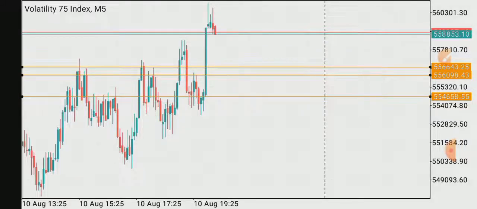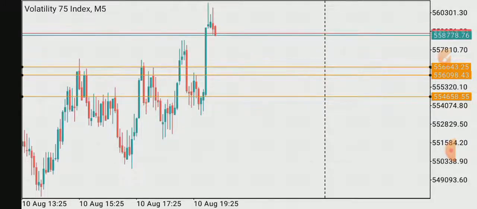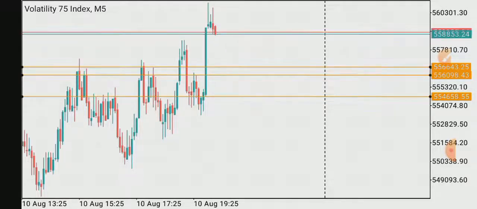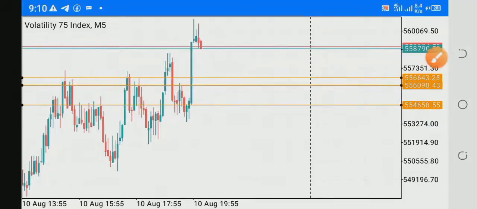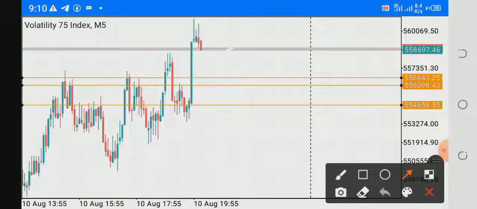So once the candlestick comes to that line, you wait for a sign that will show you the resistance or the support is going to hold. Why I closed the trade is that I wanted to check if this particular resistance we have up there is going to hold.